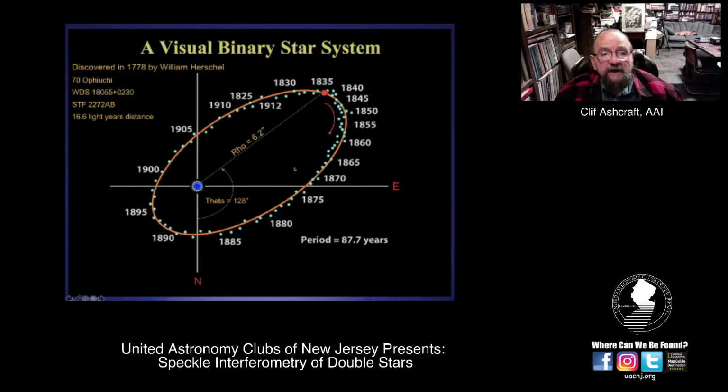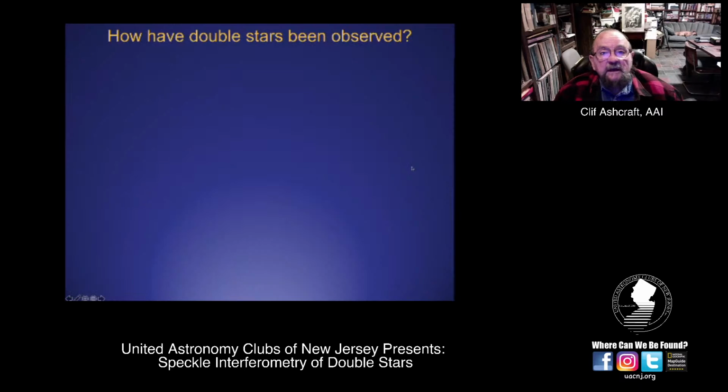An observation of a double star in a binary star system consists of determining this distance called rho and this angle called theta. Now, how have double stars been observed?